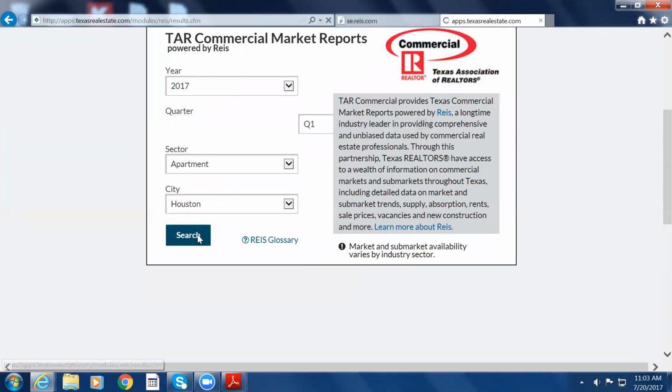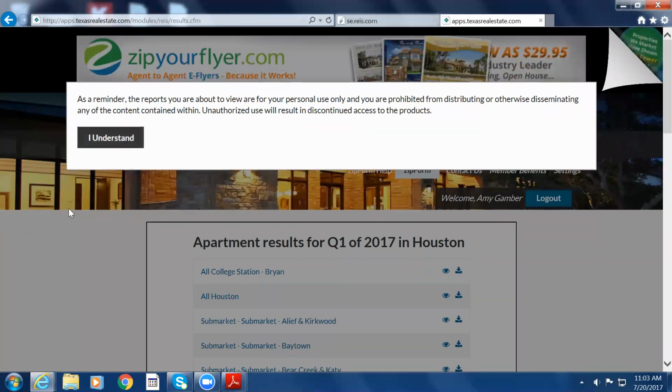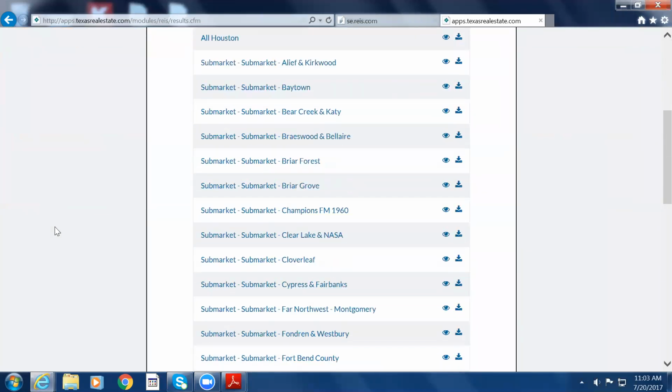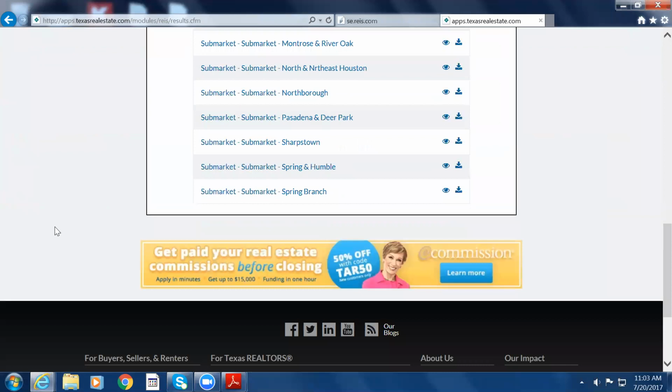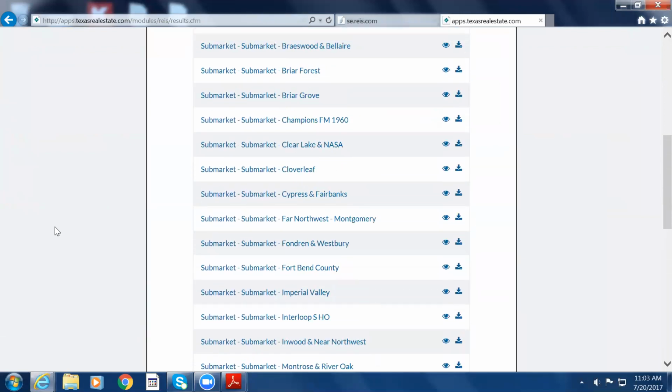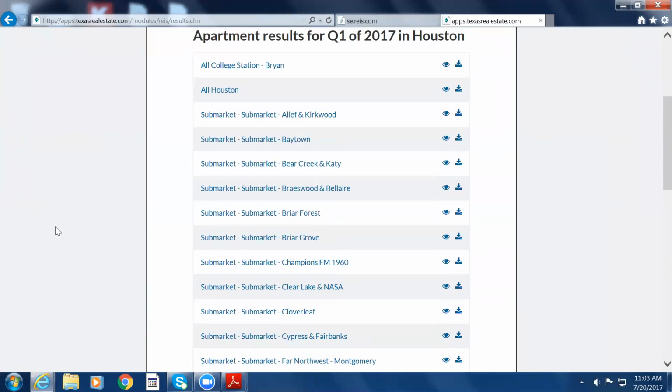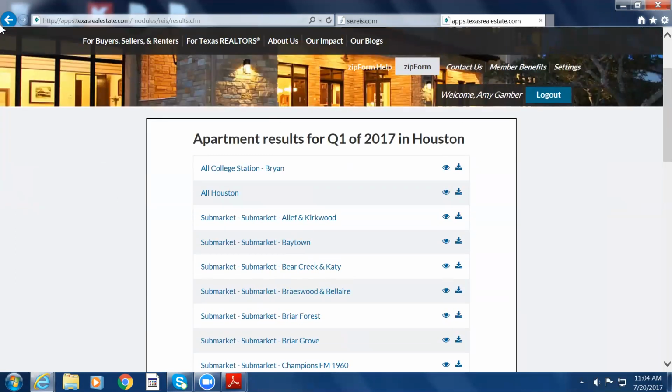If we click on one of the larger markets, and again with the EULA, then you will have a choice of all of the sub-markets. Of the five major markets, Houston, San Antonio, Fort Worth, Dallas, and Austin, there are sub-markets available. All of the other markets are single markets, and they do not have this breakout.